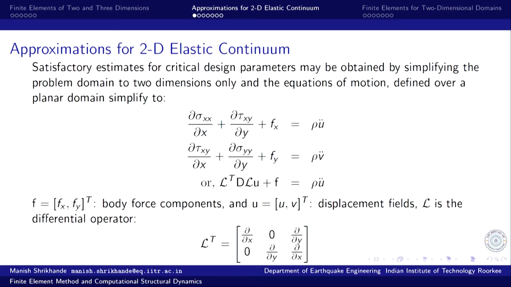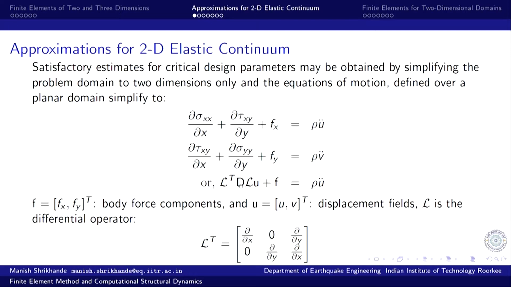So, del sigma x x by del x plus del tau x y by del y plus f x is equal to rho u double dot. So, that is the rate of change of momentum. So, this is essentially Newton's second law, and again in operator notation this can be converted into L transpose d L u plus f is equal to rho u double dot. So, that is in operator form.